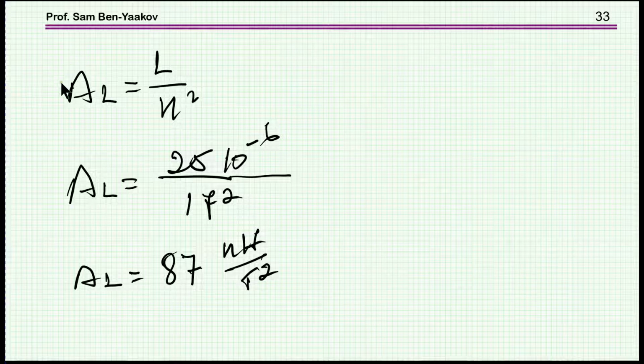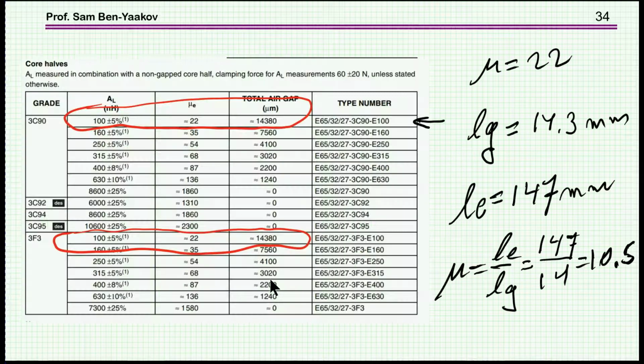I can calculate AL, which is the inductance over n squared. In our case, the required AL is 87 nanohenry per turn squared. Now, the vendor is giving this table for this particular core, and you see that we need 87, so here we have 100, which is pretty close.